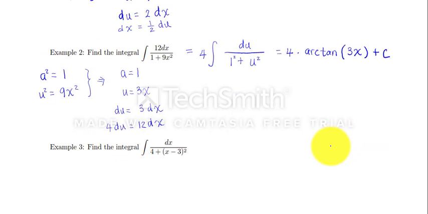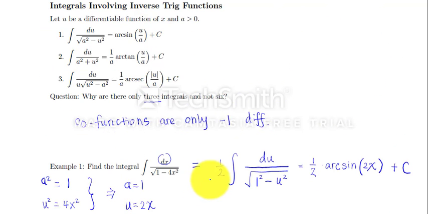Now let's take a look at example number 3. You might want to say, wait a minute, x minus 3 quantity squared, I don't know how to handle this one. Well, if you go back and take a look at the formula, u is an expression of x.